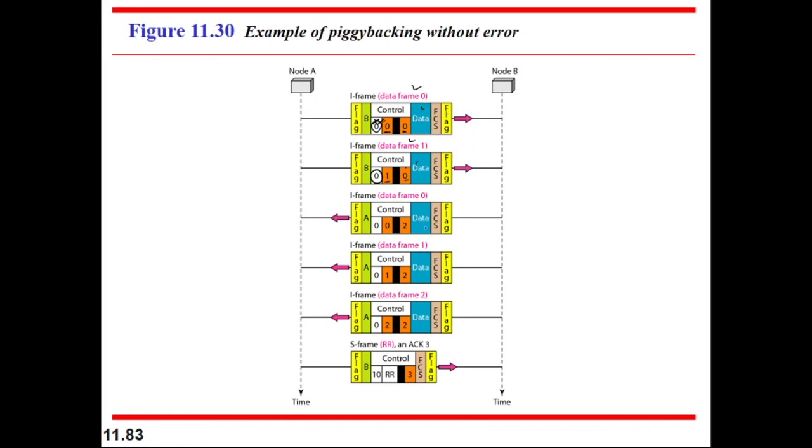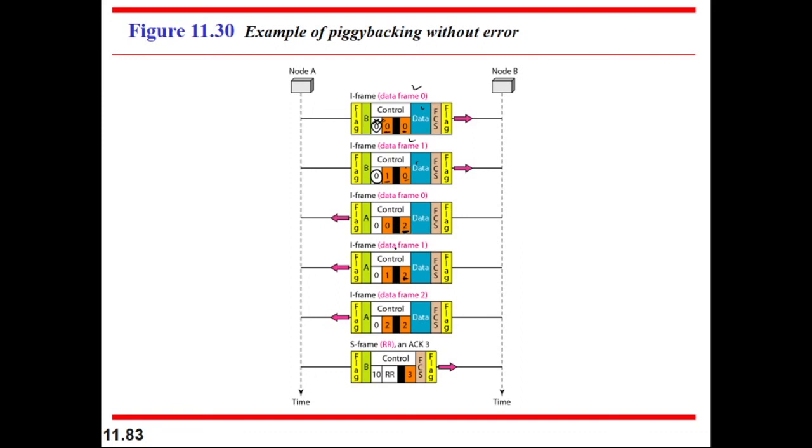And when these two frames are received, then the acknowledgement for the second frame is needed, so 2 should be the acknowledgement number. This is for frame 0 and this is for frame 1, so the receiver can get the next frame it wants, that is the second frame. So this is the acknowledgement number.